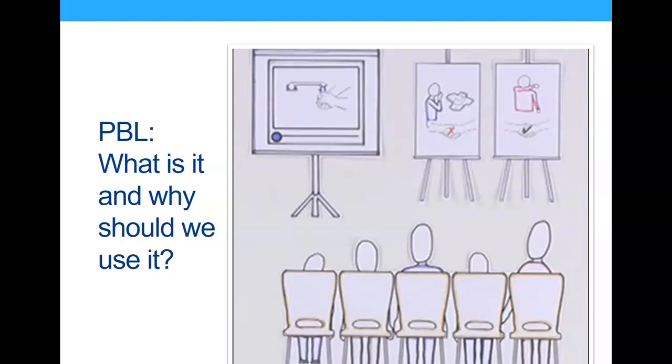What kinds of things are compelling to us in terms of what our classrooms would look like if we were able to teach like this? Or maybe you already do projects and you do have some real world elements. One of the things that you can think about today is how to make your projects even more robust.